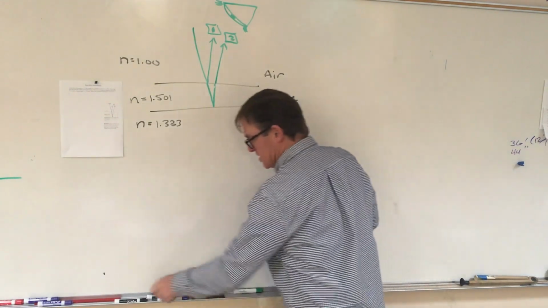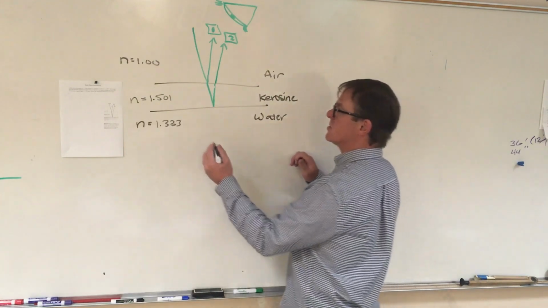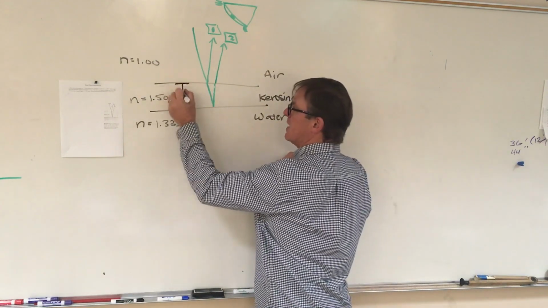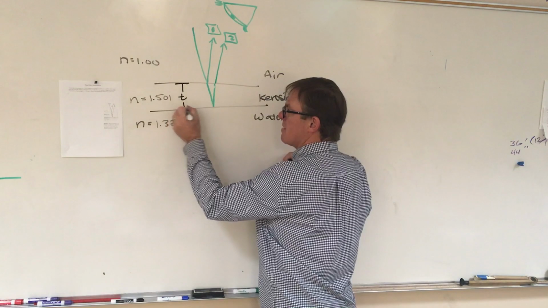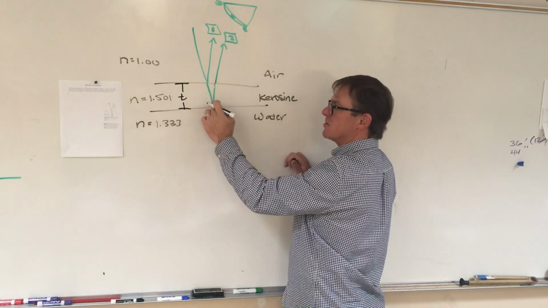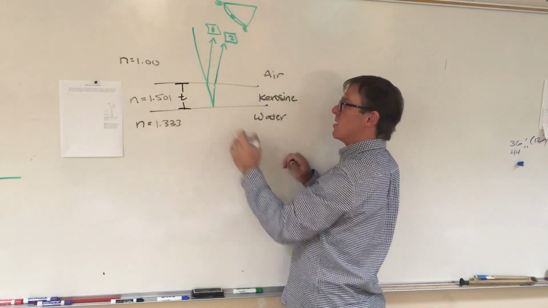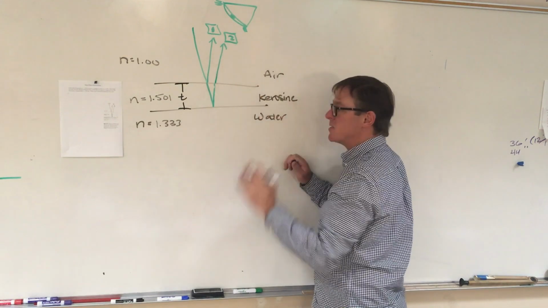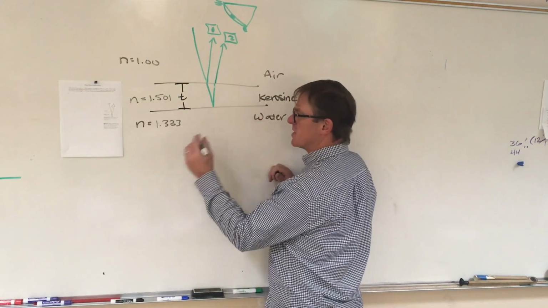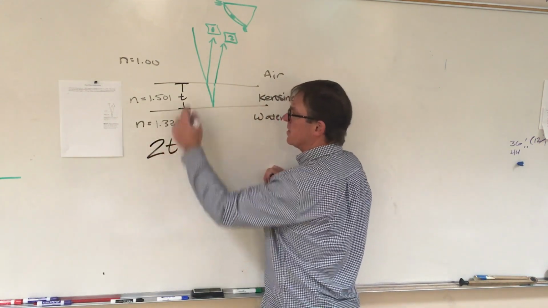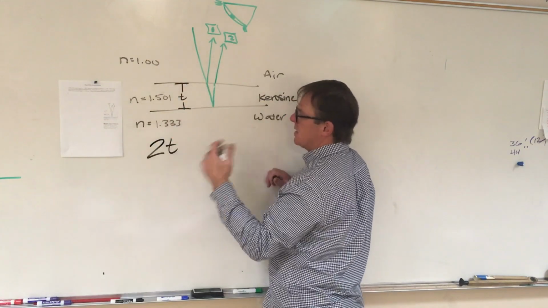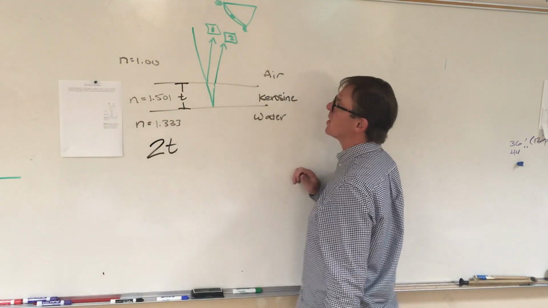Now, the conditions for destructive interference are that the extra distance traveled by the light that enters in the kerosene and reflects off of the water, so-called ray 2, the extra distance traveled by it is 2t. Down t, up t, together is 2t.